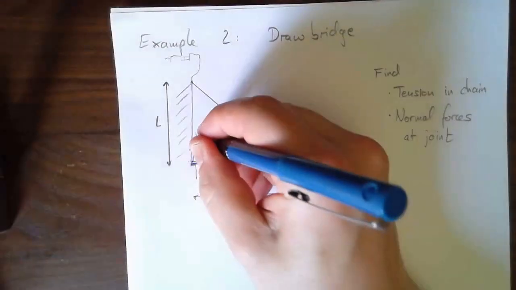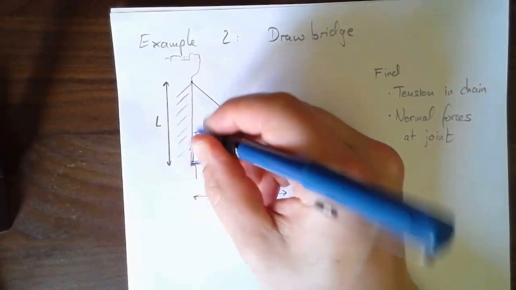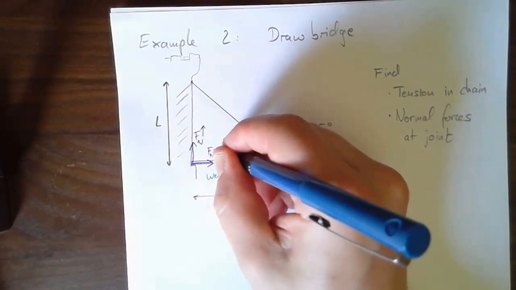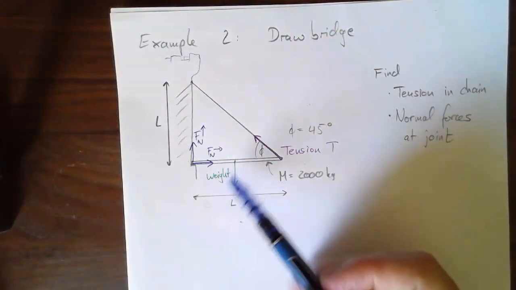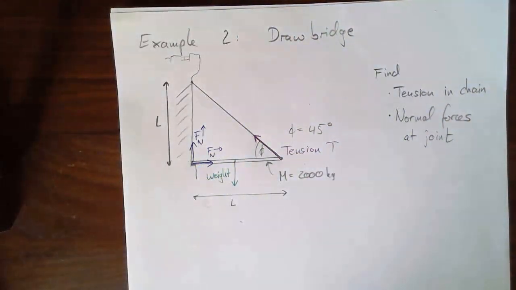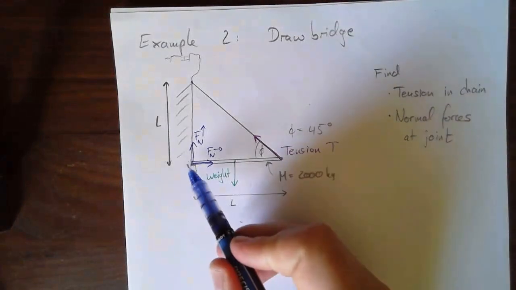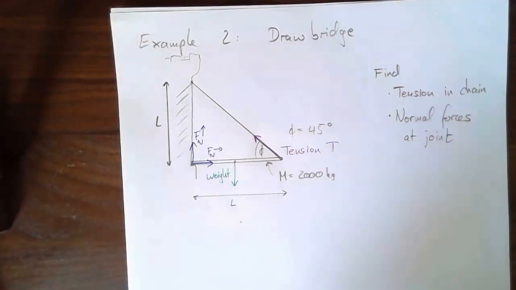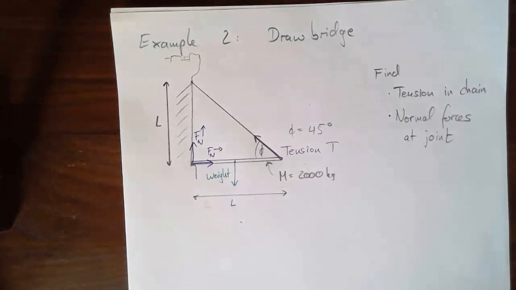But I'm going to call those the normal force Fn that points straight up, and the normal force that points straight right. Maybe they're two components of the same force, we could model it that way, or just two separate normal forces, one due to the wall, one due to the little ledge that I've drawn here. And our goal is to find the tension and to find those two normal forces.